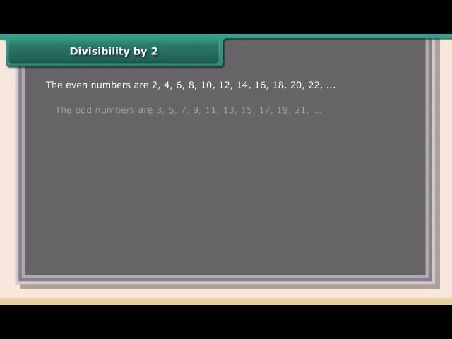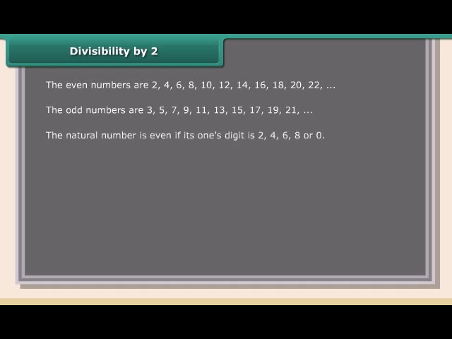Divisibility by 2. The even numbers are 2, 4, 6, 8, 10, 12, 14, 16, 18, 20, 22, and so on. The odd numbers are 3, 5, 7, 9, 11, 13, 15, 17, 19, 21.